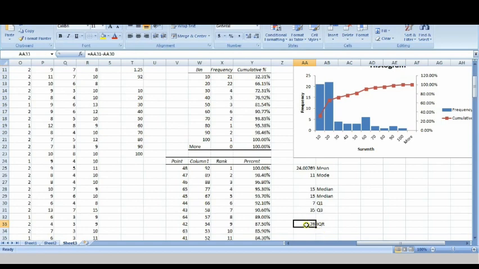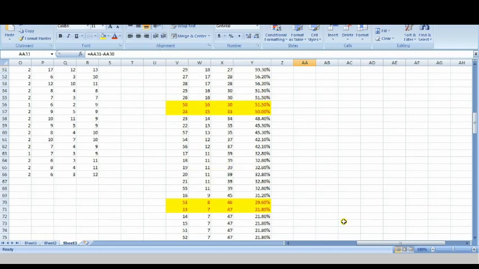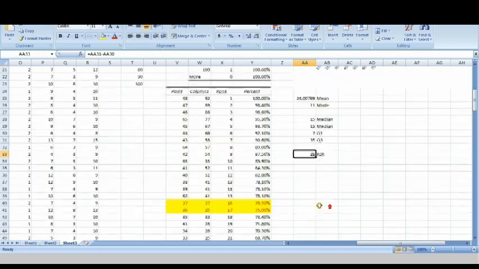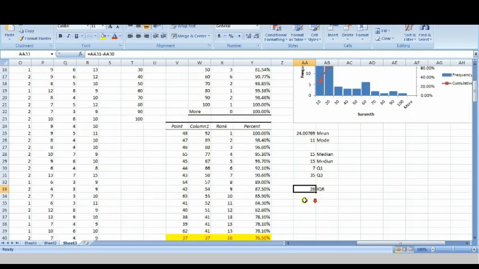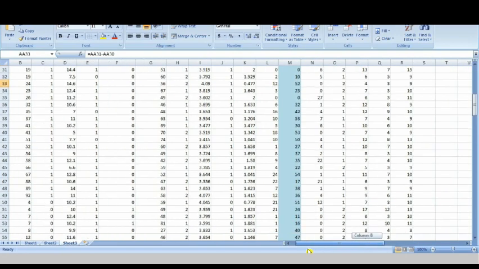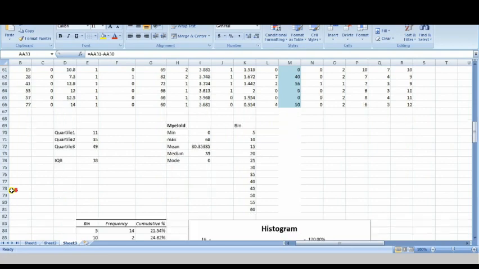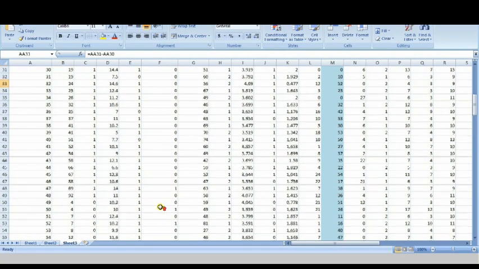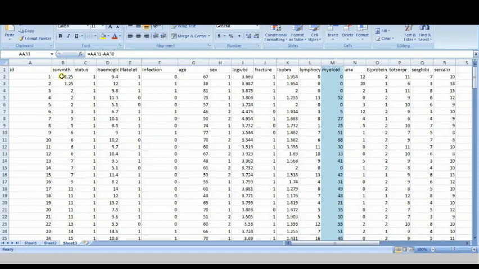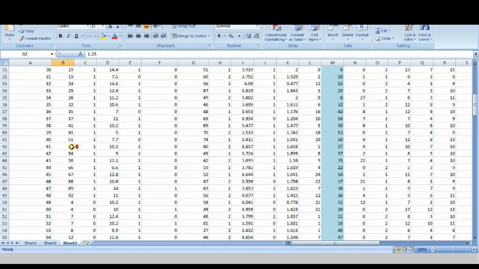If you think of minimum and maximum, I suppose I have computed them here also somewhere. Anyway, the minimum, just a minute, the minimum survival looks like it is 1.25, and the maximum survival is 92 months.